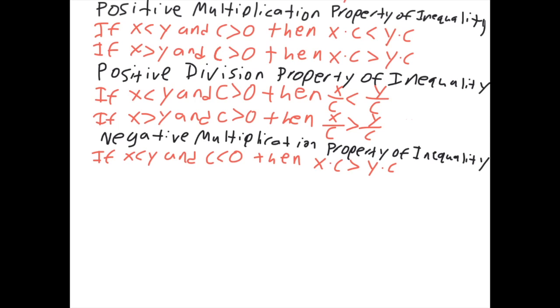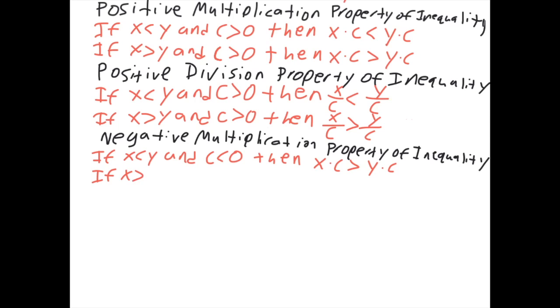So what we're essentially doing there is multiplying both sides of the inequality by a negative number, and that, as you notice, changes the inequality sign. So it went from less than to greater than. Whenever you multiply both sides of an inequality by a negative number, it will switch the sign. Less than will become greater than, and it also works vice versa.